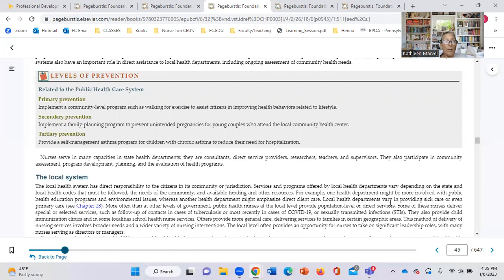Secondary prevention. Remember, this is screening. Implement a family planning program to prevent unintended pregnancies for young people at the local health center. So we've identified maybe a group, maybe teenagers. We've identified a group that may be at risk for unwanted pregnancies.